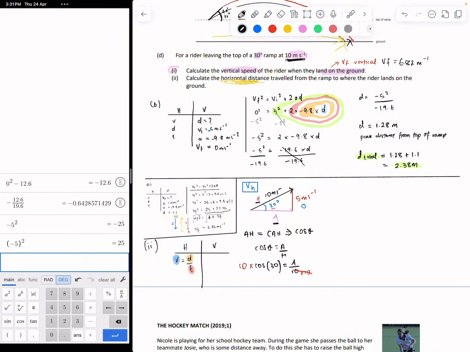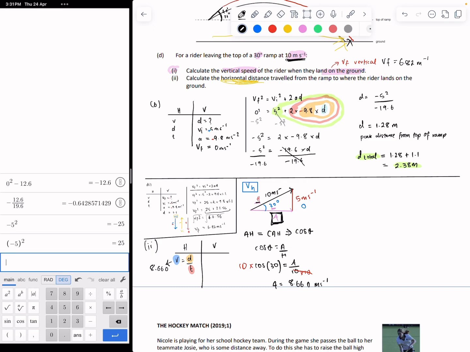And then I've got A equals cosine 30 times 10, which is going to be 8.660 meters per second. So we know that the horizontal velocity is going to be 8.660.